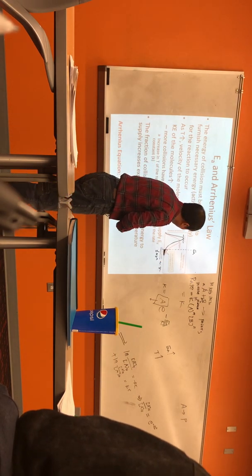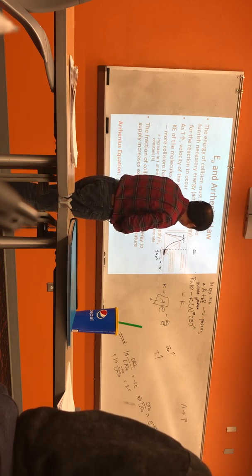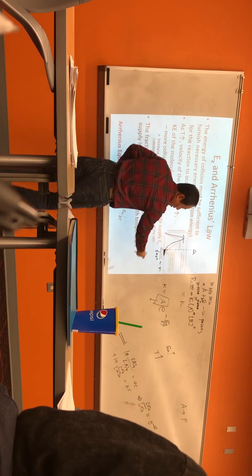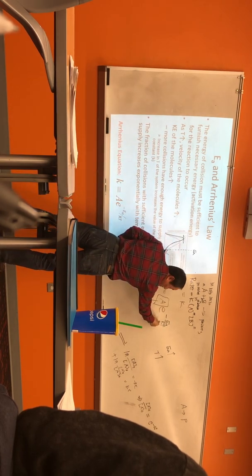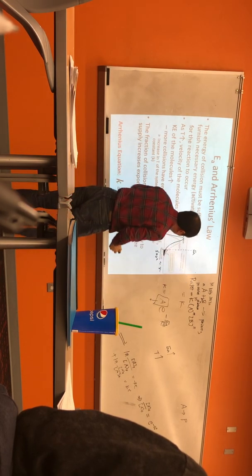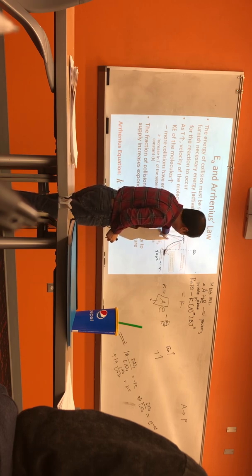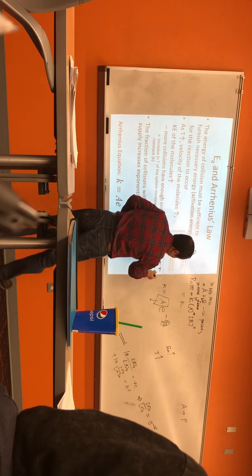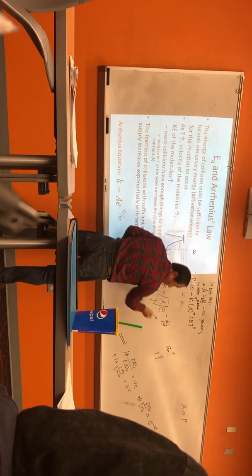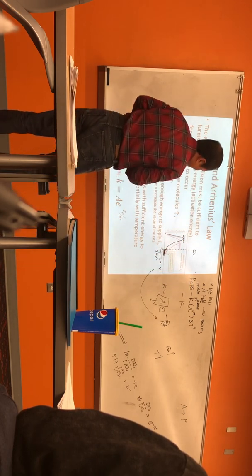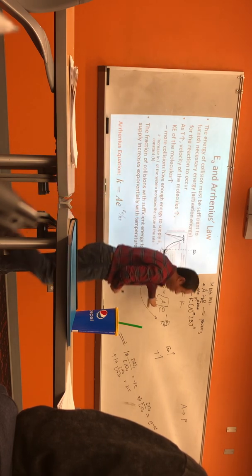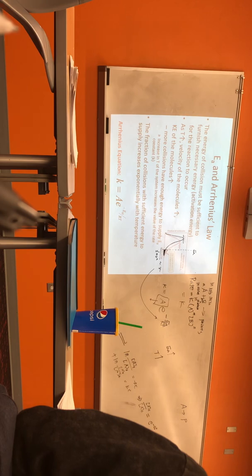This is why changing temperature will increase the population. That is reflected in this equation. This is what they decided experimentally and theoretically, and this is how they derive these equations. We are not going to do the derivation, but as long as you understand this concept, that will be good enough.